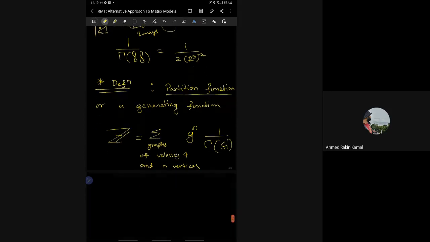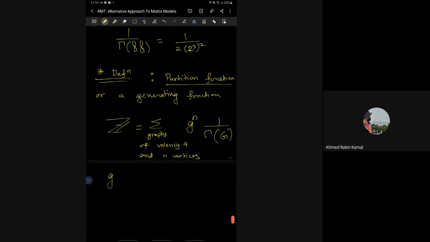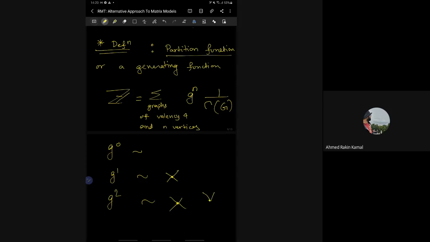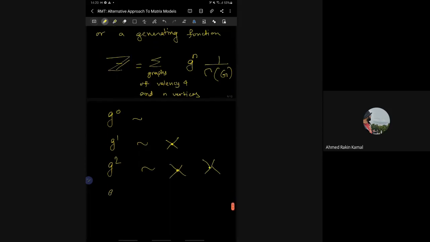So what is this number gn? For example, g0 would correspond to a 0 vertex graph. G1 means you have 1 vertex. G2 means you have 2 vertices. And G10 means you have 10 vertices, like this.